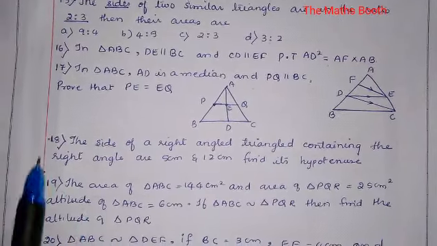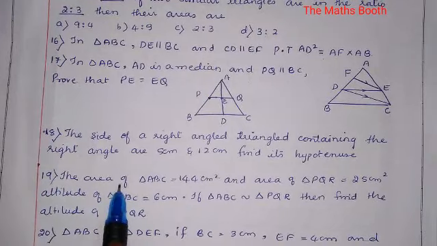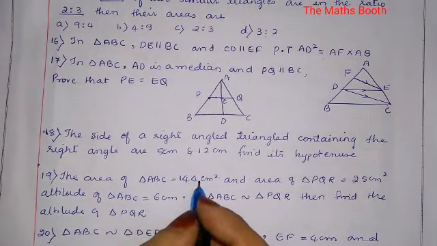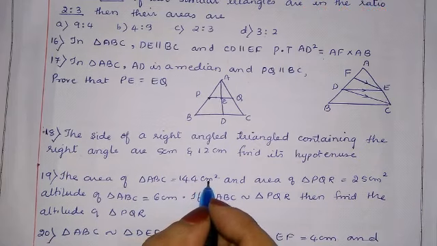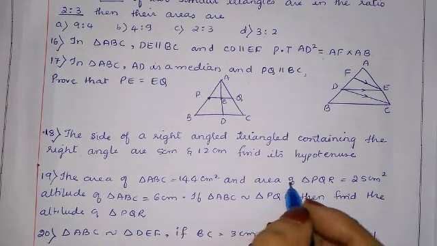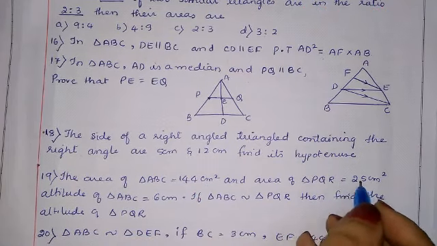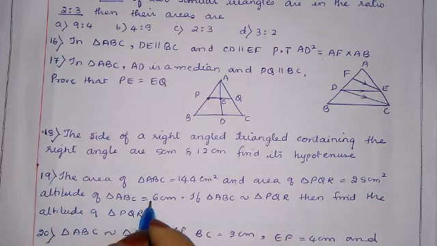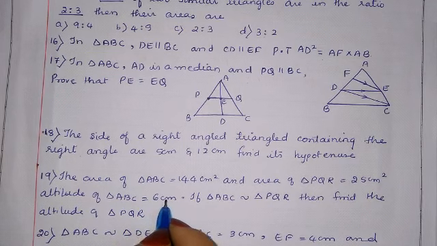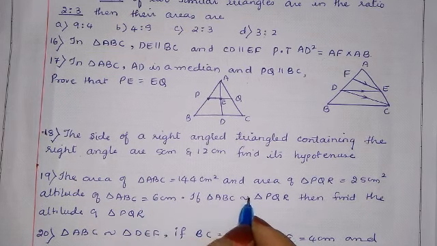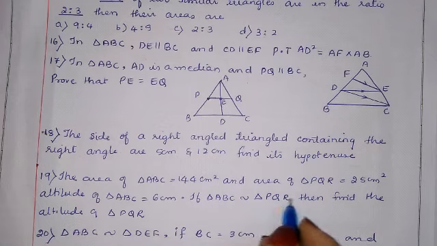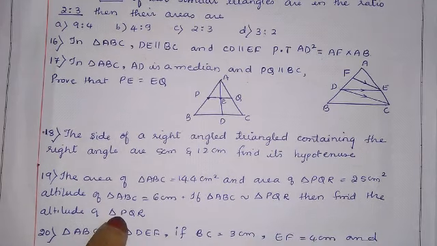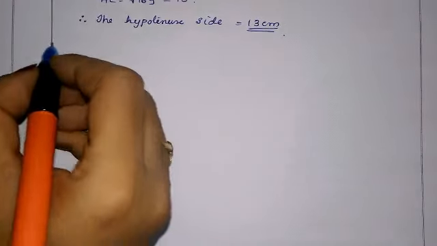Question number 19: the area of triangle ABC is 144 centimeter square and the area of triangle PQR is 25 centimeter square. The altitude of triangle ABC is 6 centimeter. If triangle ABC is similar to PQR, then find the altitude of triangle PQR. It's a very easy question. Same type we have done in the previous problem.